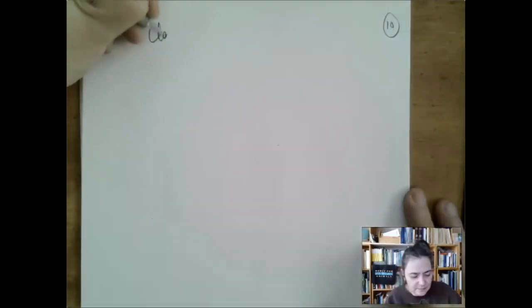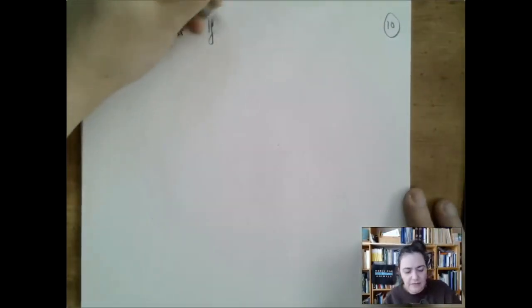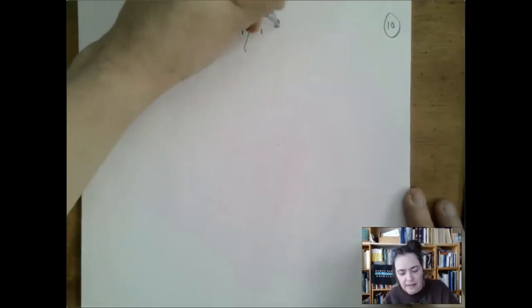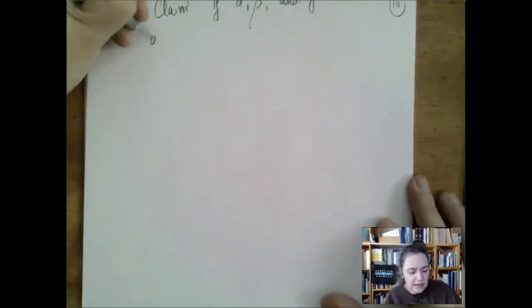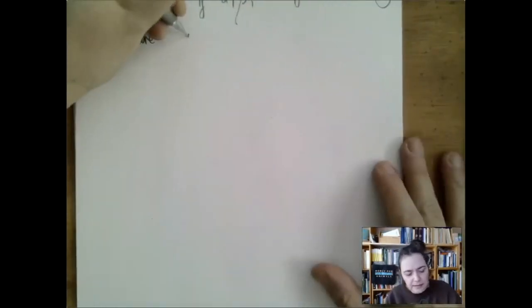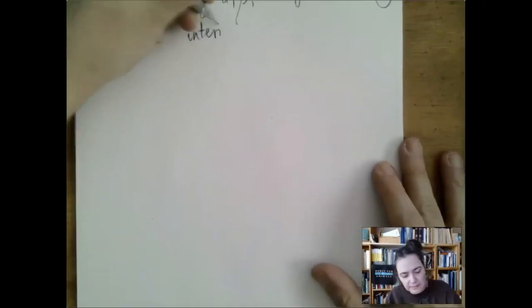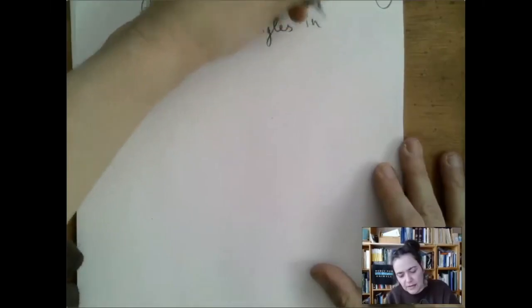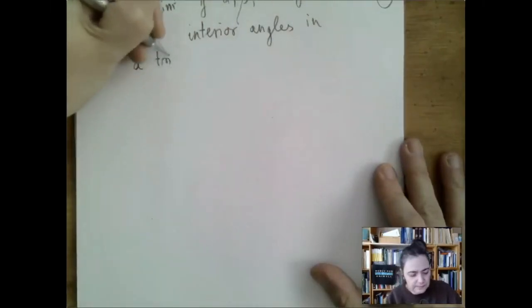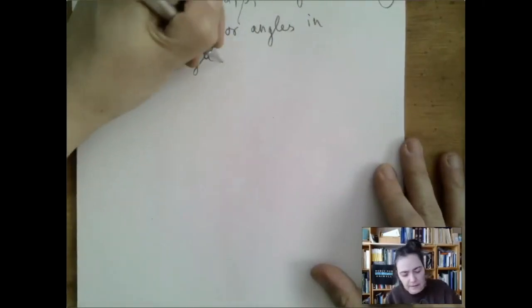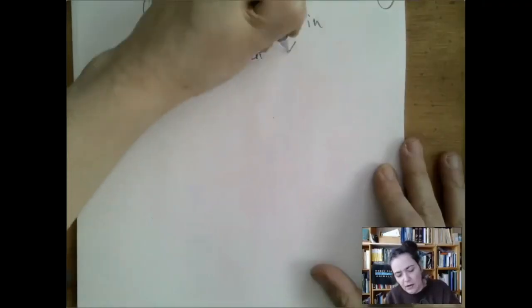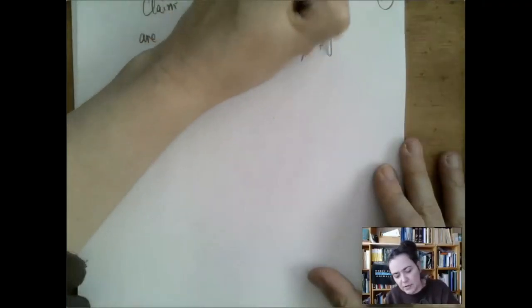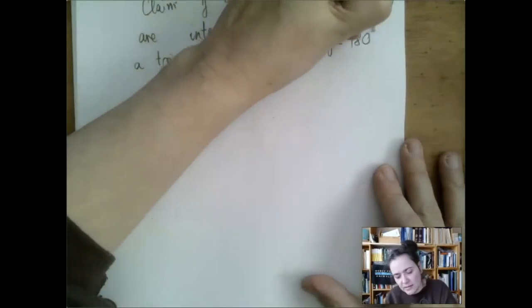Now we're going to go back to prove: if alpha, beta, and gamma are interior angles in a triangle, then alpha plus beta plus gamma equals 180 degrees.